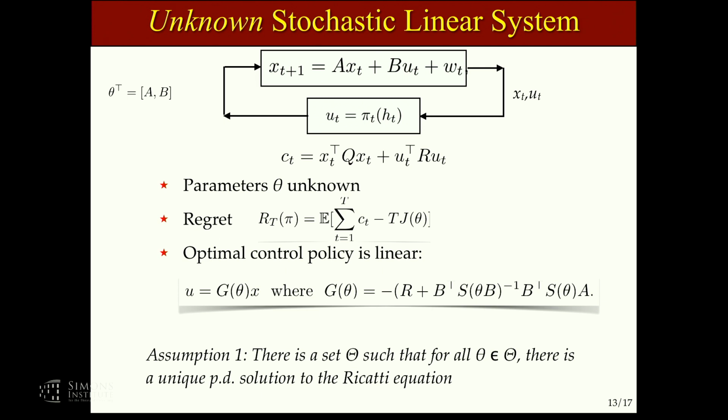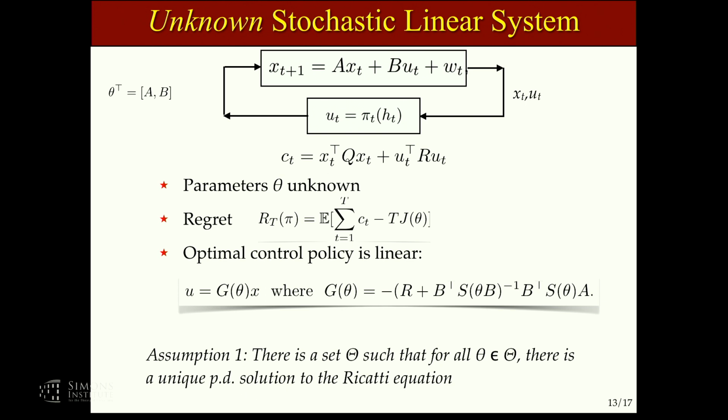And again, the objective is regret. So we switched from considering reward to cost, but everything is more or less the same. Of course, for this model, we know that there is an optimal control policy which is linear. You just get a solution of the Riccati equation, and that gives you the gain, and then you have a linear optimal policy.